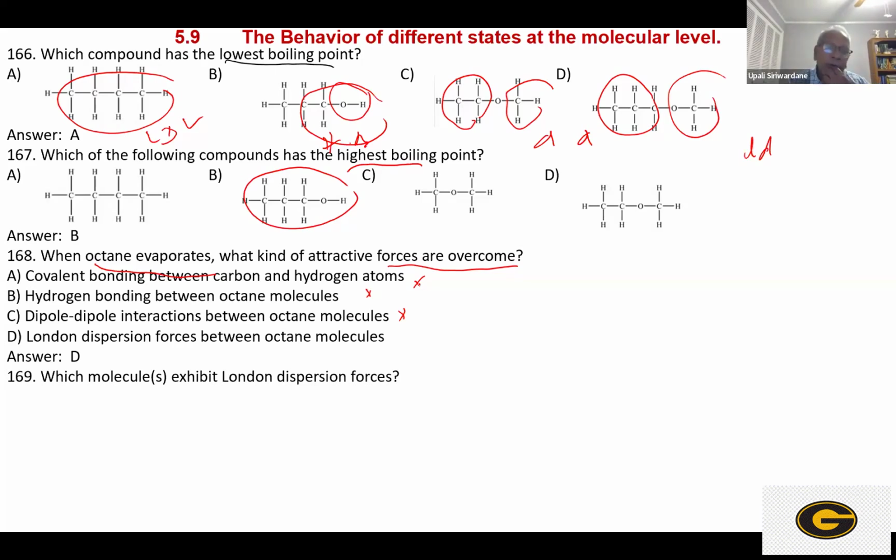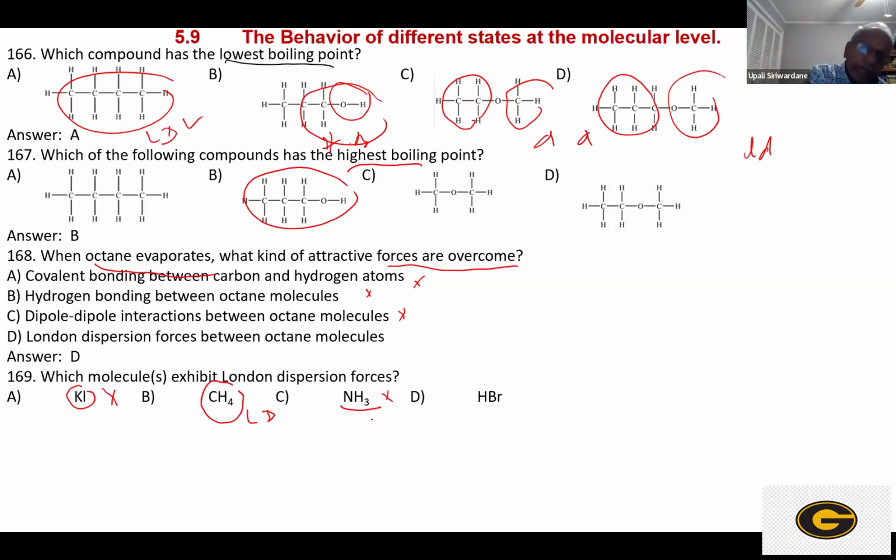Which molecules exhibit London dispersion force? That's an ionic compound. Ionic compounds are unlike covalent compounds. They have higher ionic bond strength. They are not intermolecular forces. This is a non-polar molecule. That's London dispersion. Ammonia is polar.